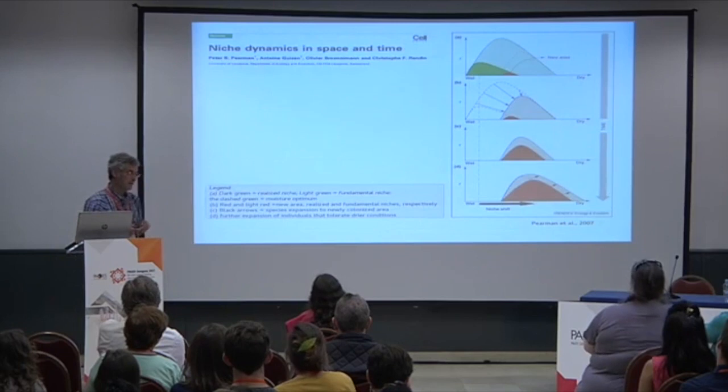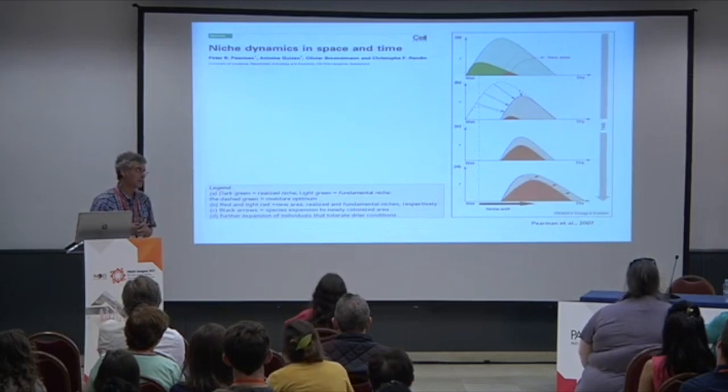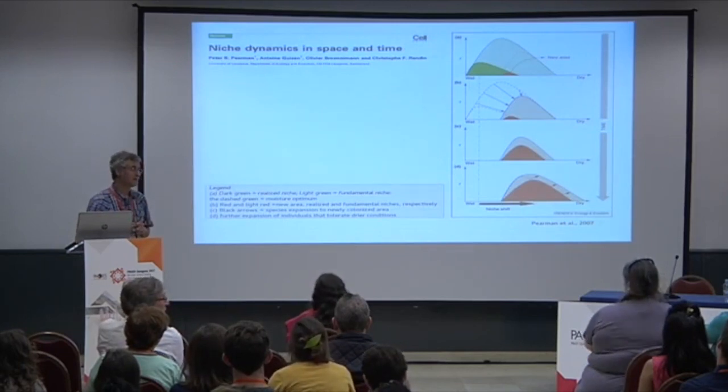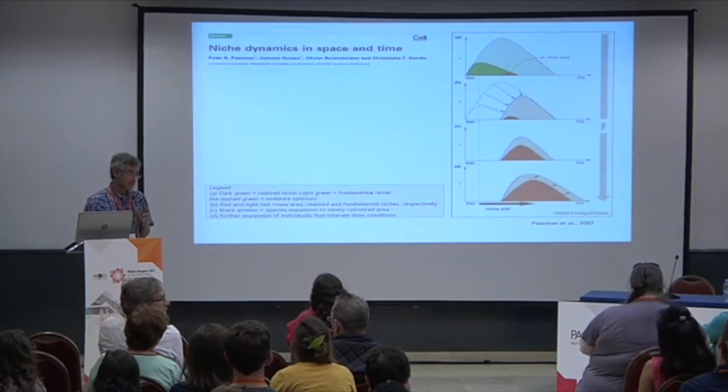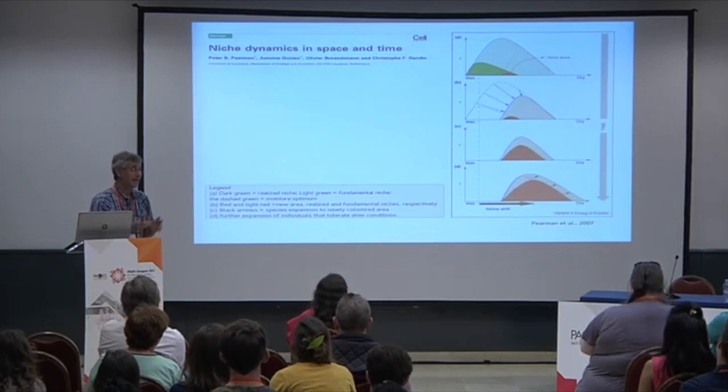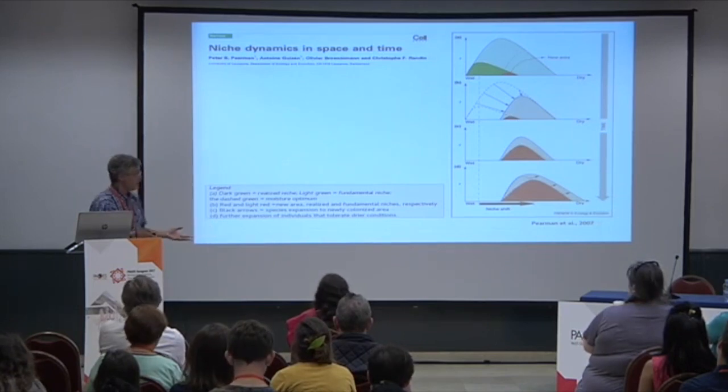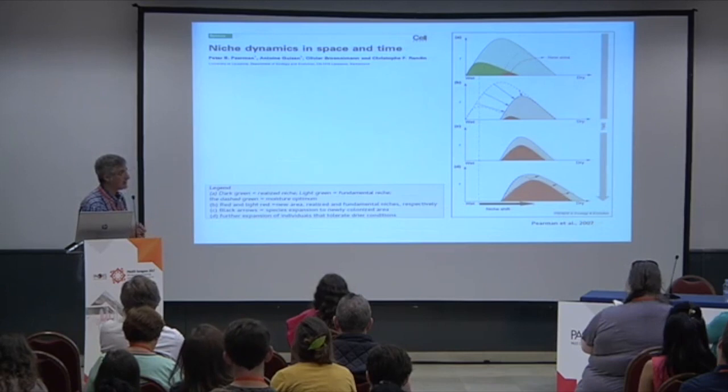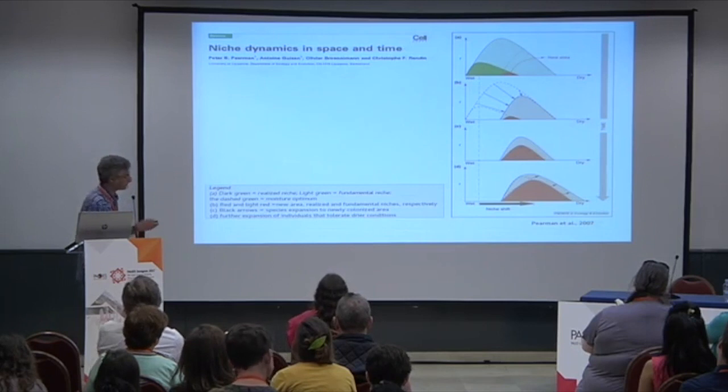In fact, when we look at this type of modeling, so far it has taken only the modern distribution and the modern climate, making a calibration and making the predictions. But there are very few studies where it takes into account the dynamic change of the niche itself.